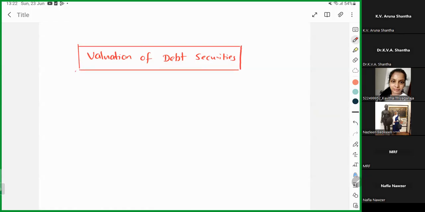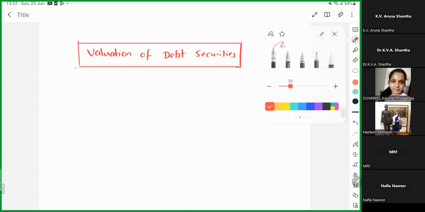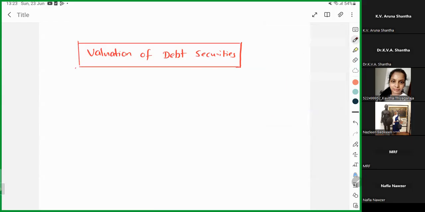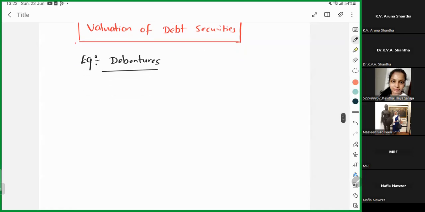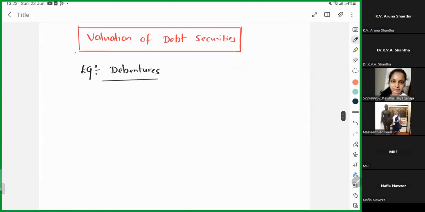In companies, you can see many examples of debt securities: bank loans, debentures, leases. A more popular one is the debenture. Under debt securities, we are going to learn valuation of debentures.